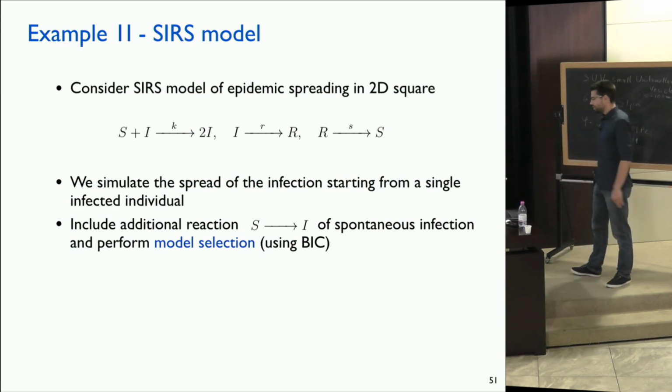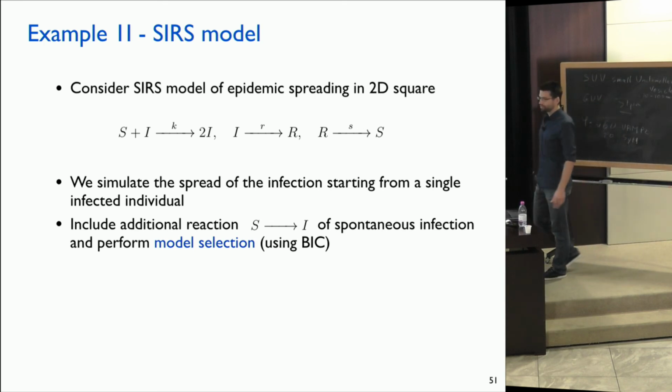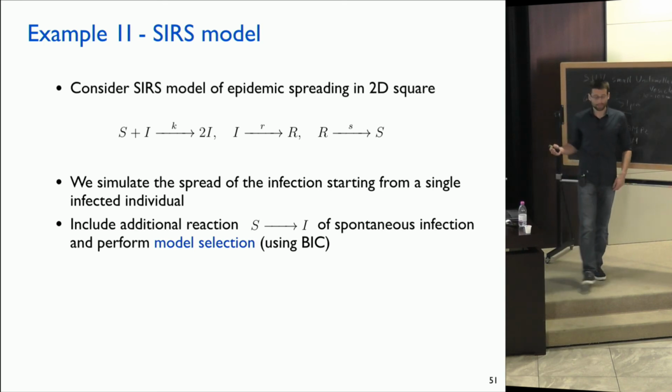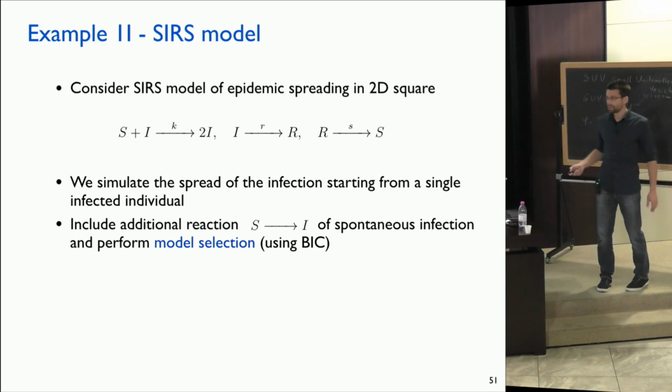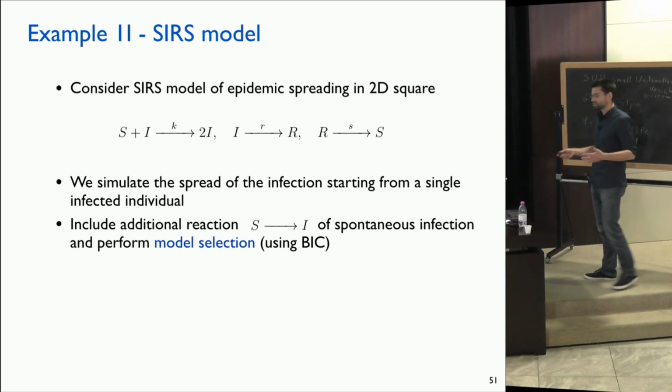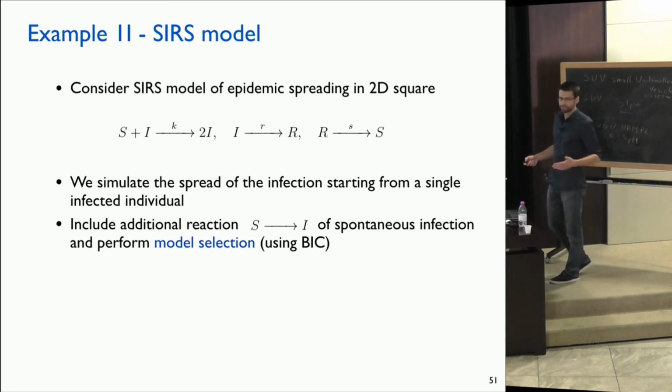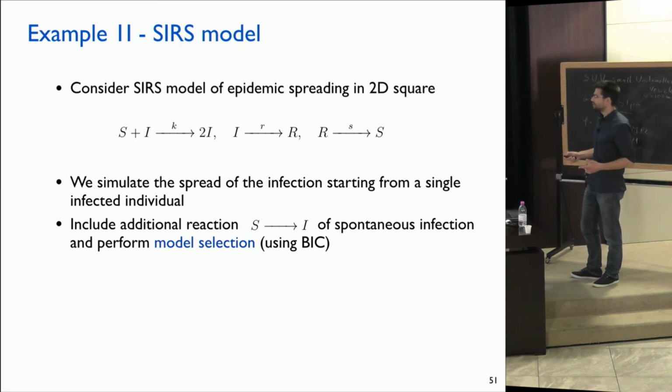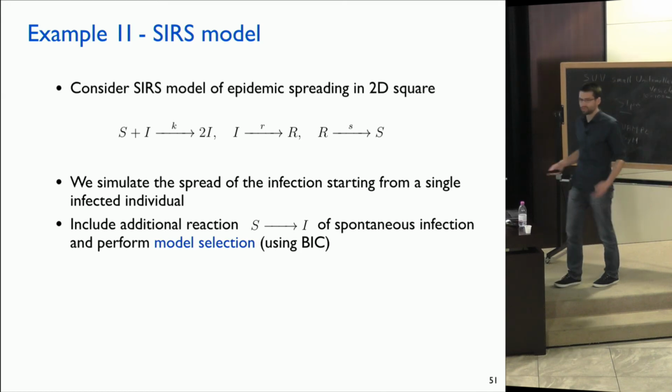But then we wondered if we can go one step further, which was already one of the motivating problems I mentioned in the beginning. Namely, can we distinguish between different potential models? So we assumed that there potentially could be an additional spontaneous infection, so the susceptible one can become infected without meeting an infected one.